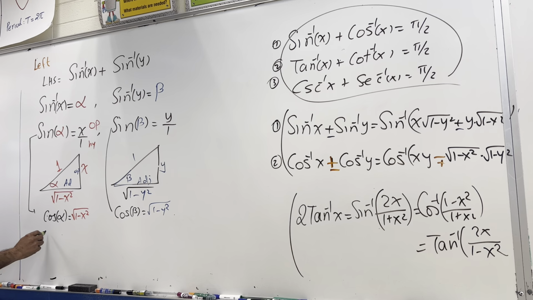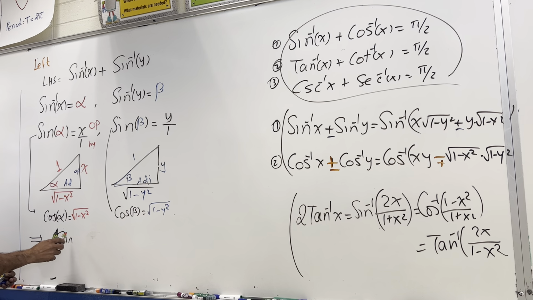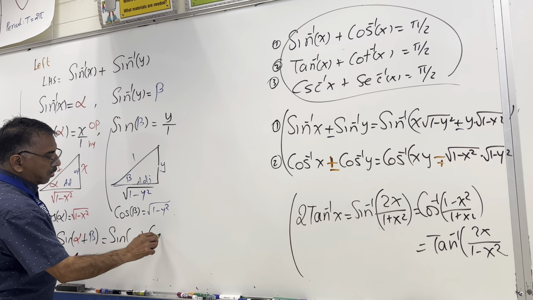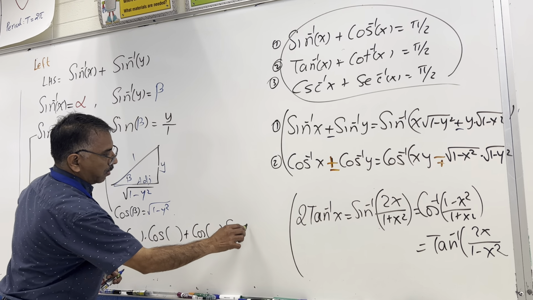And then you use the compounding formula. What is that? Sine of alpha plus beta equals sine alpha cosine beta plus cosine alpha sine beta.